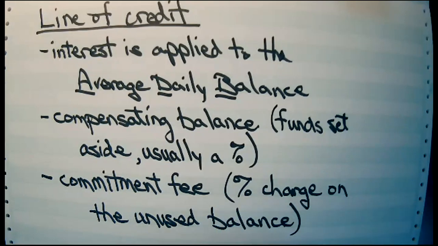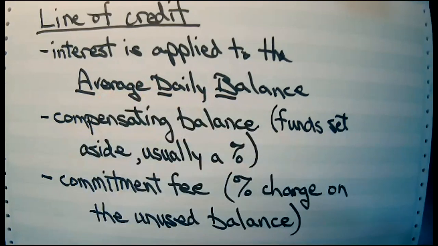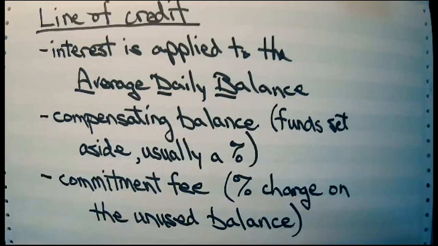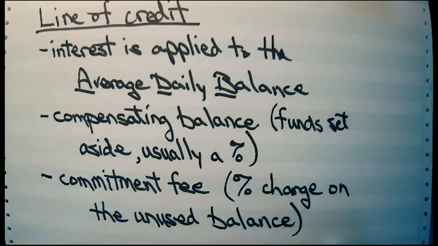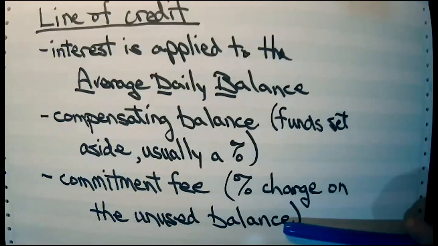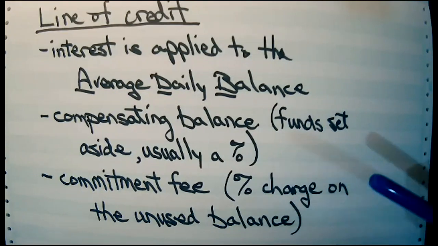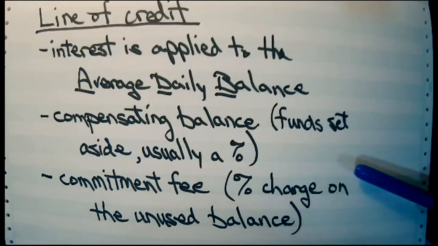So that's lines of credit. You have to be cognizant of the agreement, of the contractual arrangement that you have with the lines of credit, and the legal obligations you have with your lender. Lines of credit can be a very good thing. It's just, careful. As the fees mount up, once again, they raise the effective rate of interest that you're paying on that line of credit.